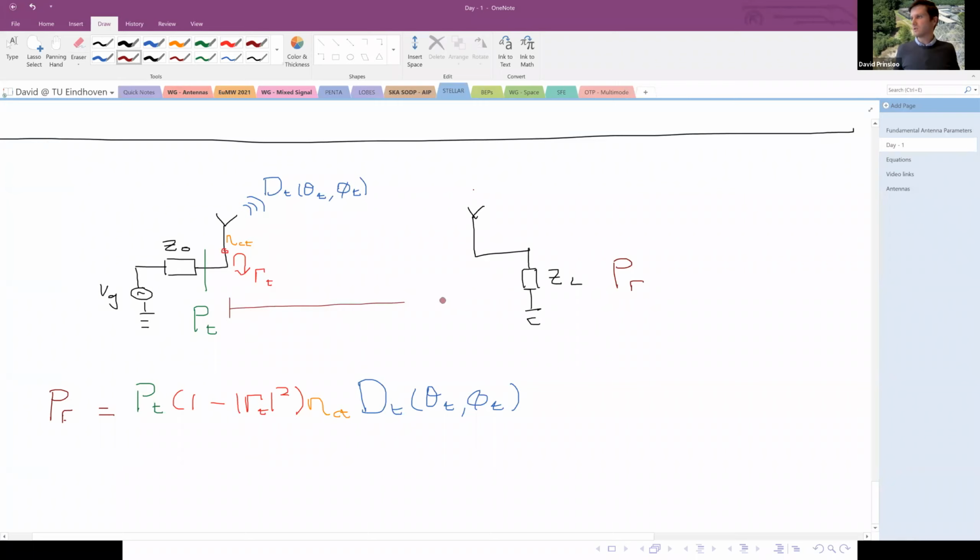These antennas are separated by a distance, let's just call it the distance r.